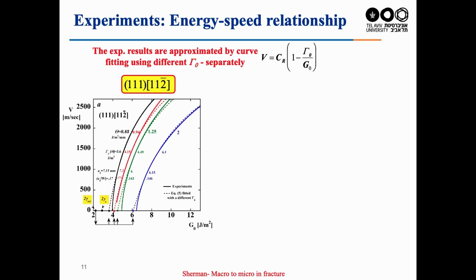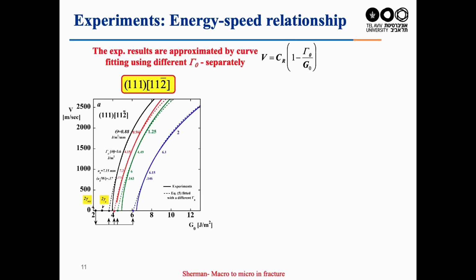This is V, not normalized V, because we don't have a unique gamma naught. And this is G naught, not over gamma naught, because we have several gamma naughts. So here, the experimental results are the full lines, and the dashed lines represent the equation of motion for a certain gamma naught. You pick gamma naught until it fully fits, and then you get gamma naught. Here, this is theta.